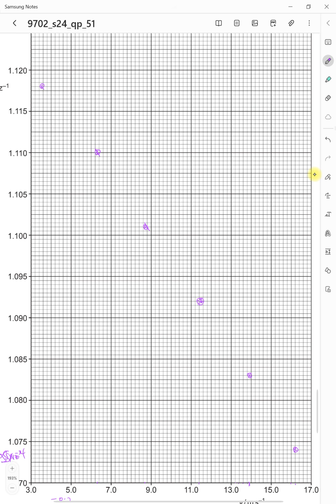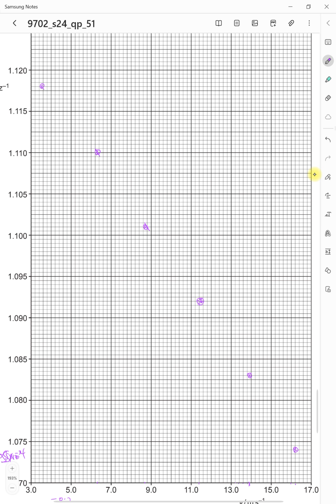The second point was... I think it is correct. So let me try an attempt. I'm just going to use one attempt. My role is just to give you a hint on how to do this work.